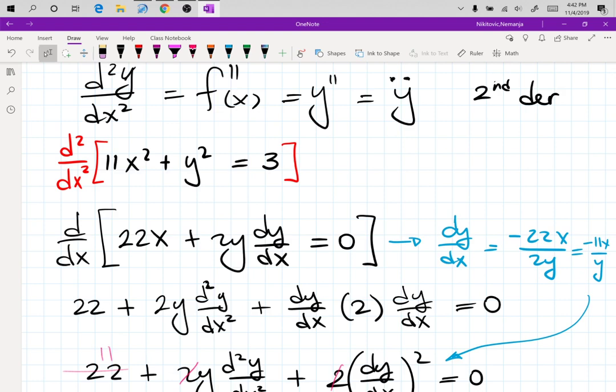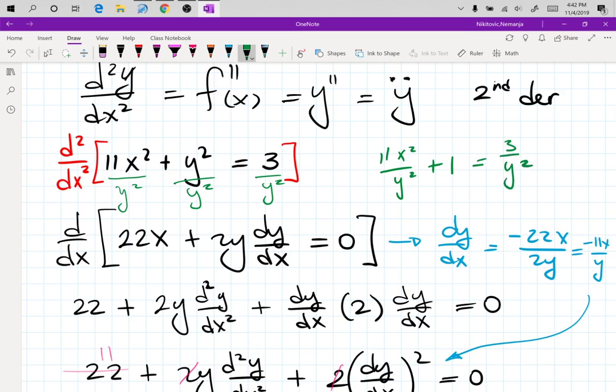From the original equation, this is, again, at this point, just flexing, okay? Flexing in mathematics. It doesn't matter, but it's just flexing now. Because what you can have now, if you divide everywhere by y squared over here, you get this: 11x squared over y squared plus 1 is equal to 3 over y squared.